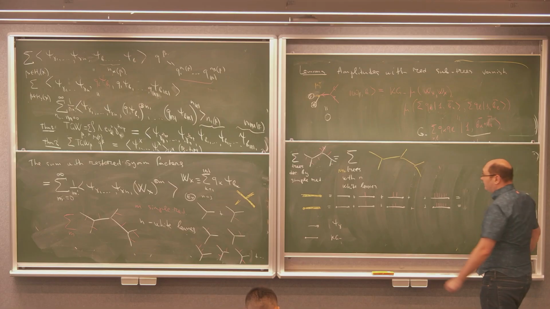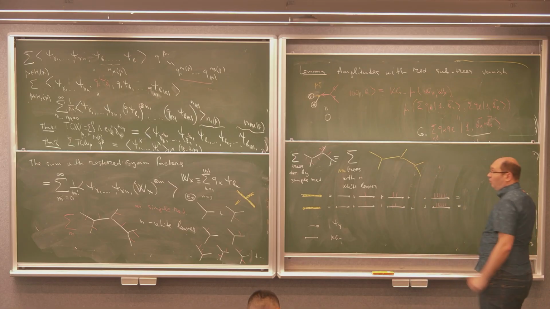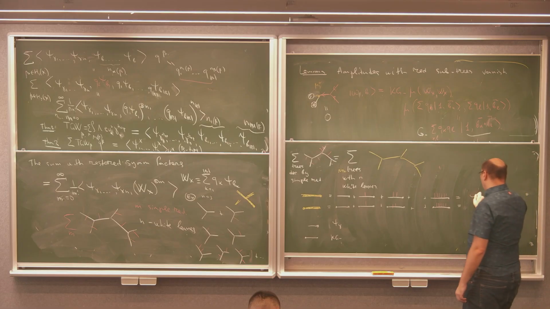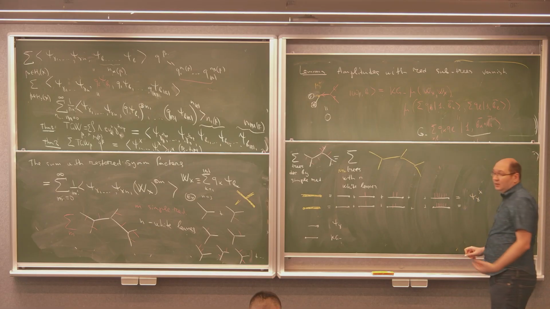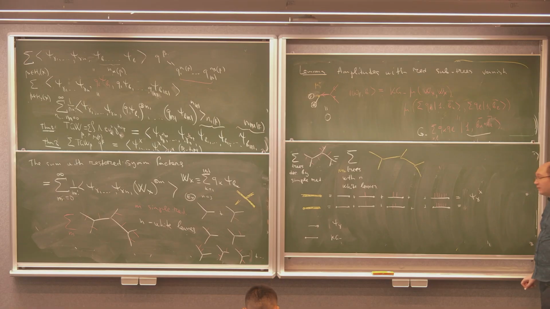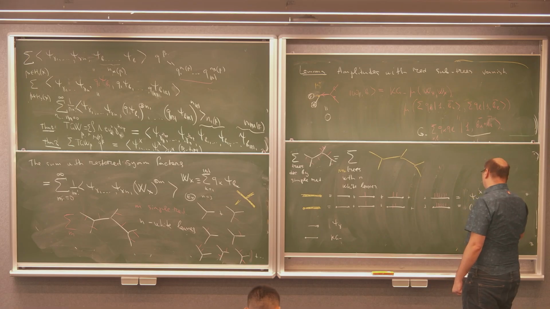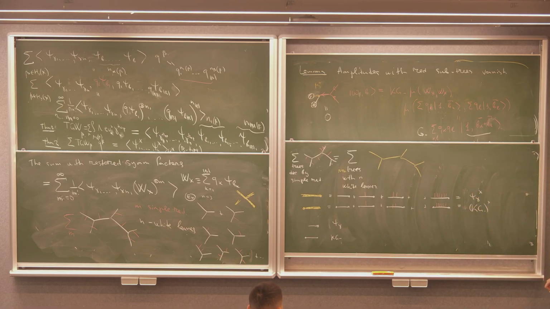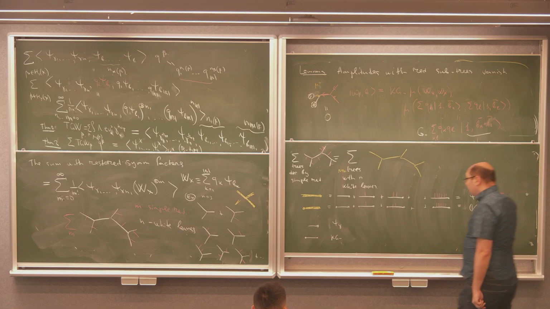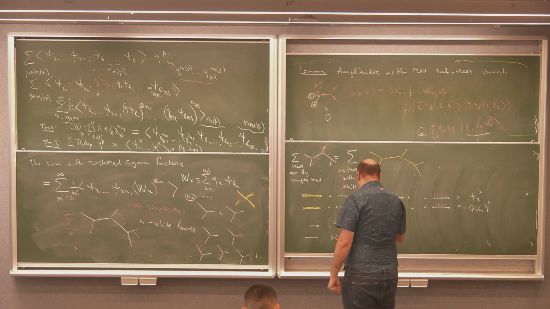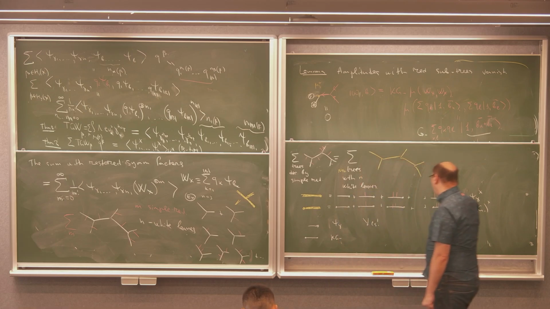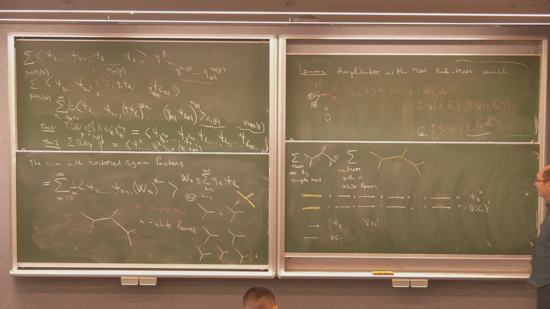So the question is whether this sum over decorated things gives us some reasonable states and some reasonable propagator in some HTQM. And the answer is yes. And that is verified explicitly.